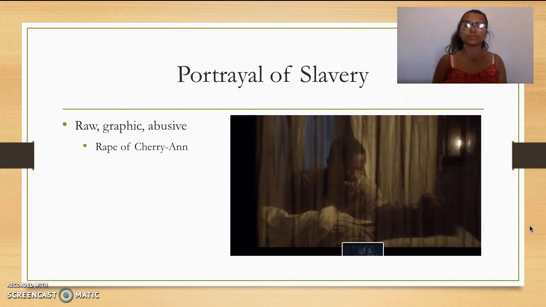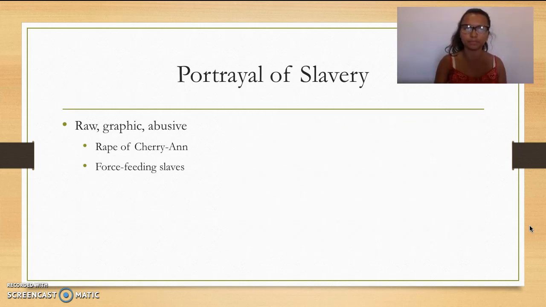Nat's owner basically said, I don't care if you're married, if you don't give your wife up, I'm gonna lynch you. So obviously he didn't have much of a choice, and he gave his wife up, and she was very upset because she came out of the house crying and she just felt really bad. So you can see that there was a lot of sexual exploitation of the women.